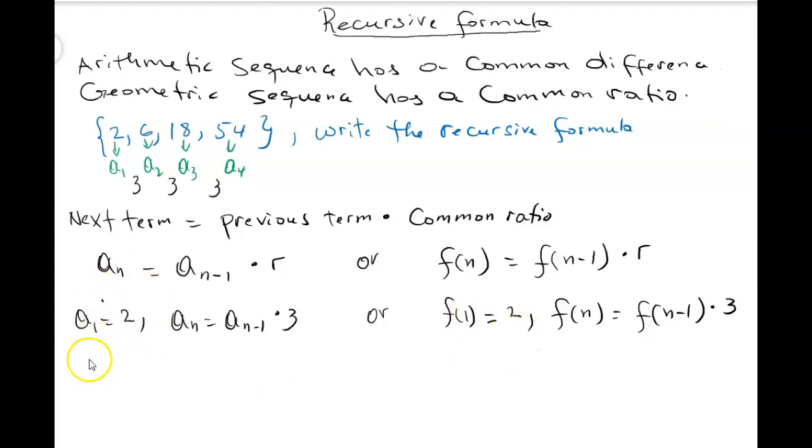Then you write the equation, a sub n equals a sub n minus 1 plus the common difference if it's arithmetic. If it is geometric, it's times the common ratio.